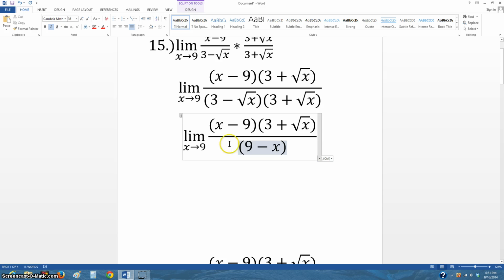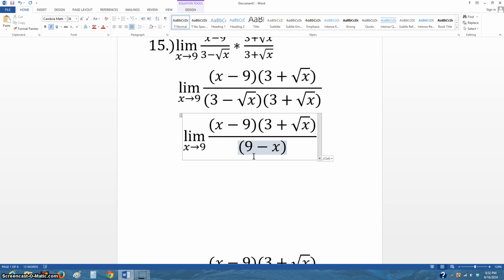Now here's the tricky part, because some of you sometimes when you're in a hurry, you want to go ahead and cancel this one out with this one, but they are not the same. When they're not the same and they look kind of similar, that most likely should be a clue to you that you probably need to factor out a negative somewhere. And in this case, it really doesn't matter where, as long as you stay consistent with it.